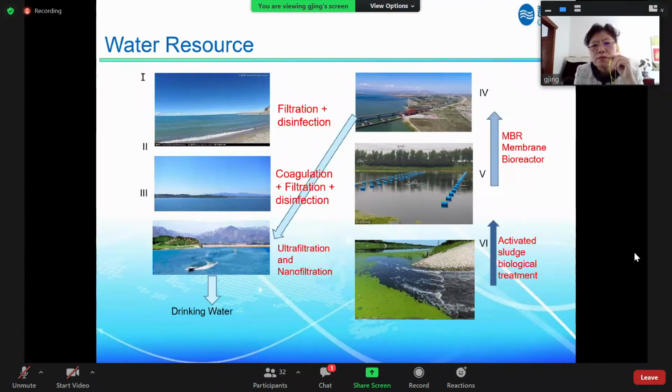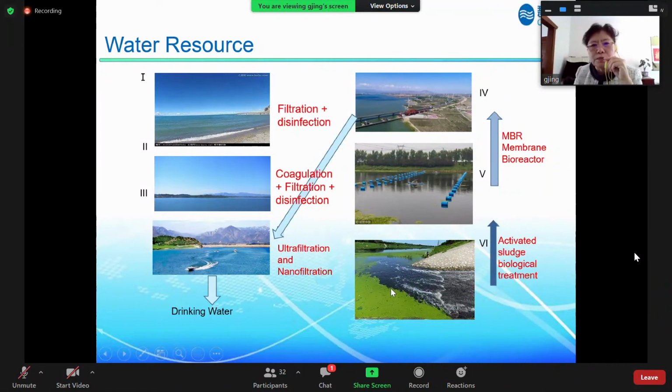But a conventional treatment plant can only, for example, remove organics and solids, and then the water can probably be discharged back to the river. Then probably after another 5 years, we can use that water as a water source. But with MBR membrane technology, we can get high quality effluent almost immediately after discharge.